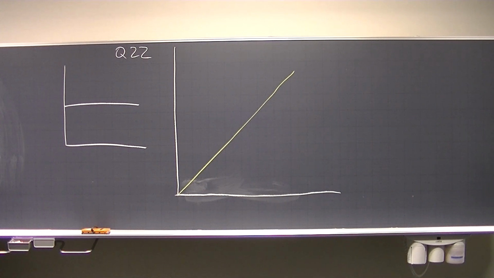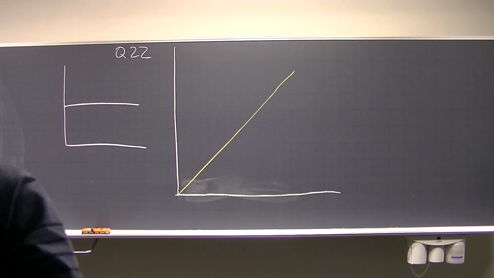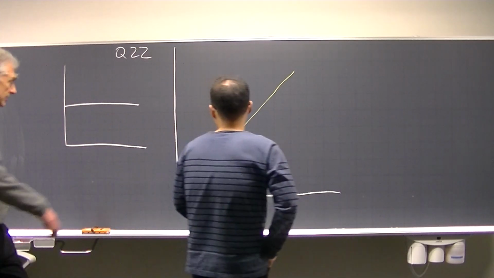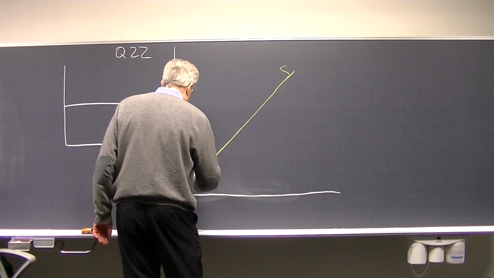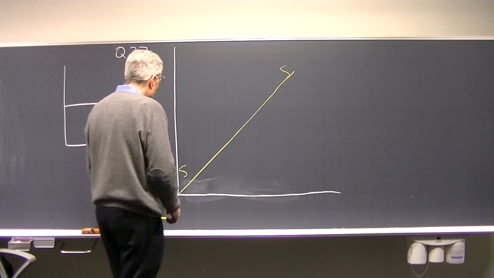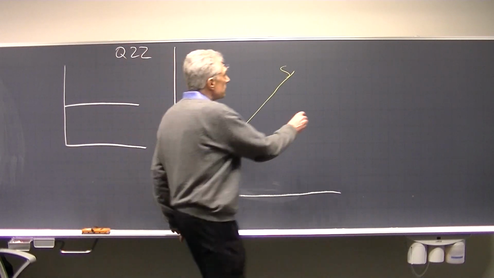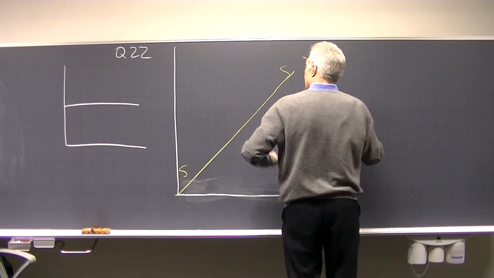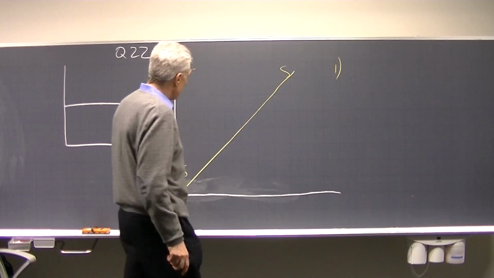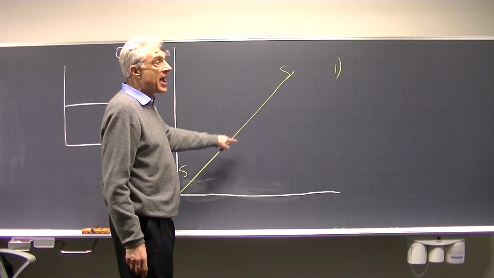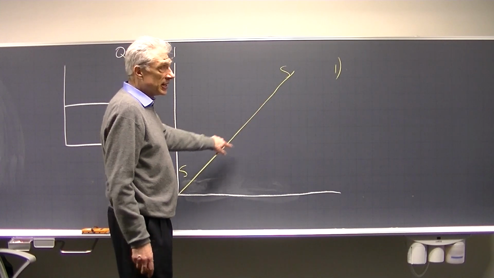Try to do it. That is a supply curve. Now, let's say in the first instance, this is the willingness to supply of a factor, some factor input.